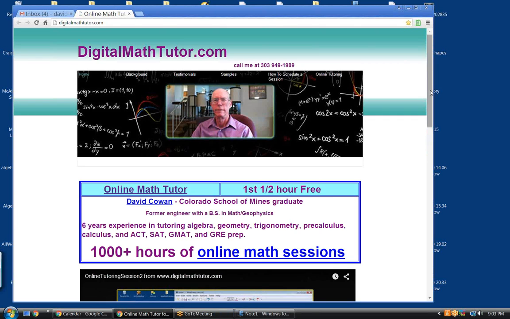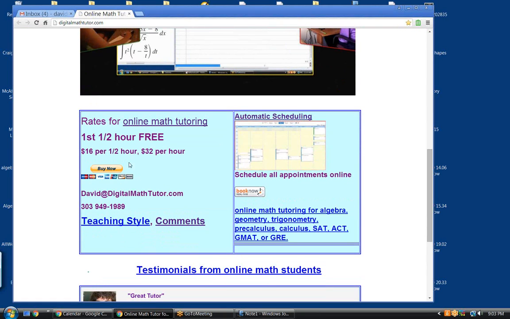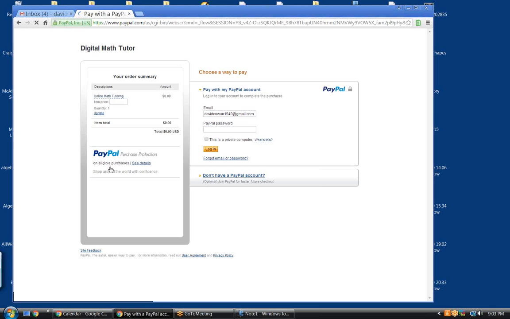Okay, all she needs to do is scroll down to where it says buy now. If she clicks on that buy now, in other words, say she wanted to pay for tonight's session, put in $16 right there where it says item price, and then whatever her password for PayPal is.